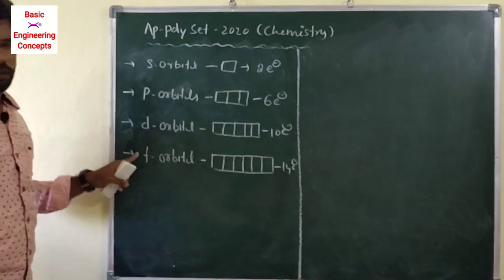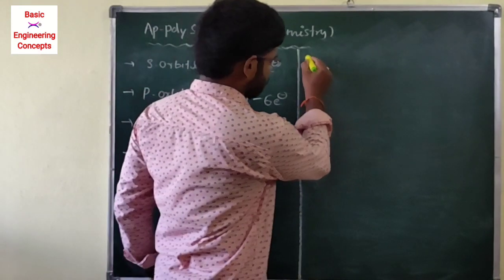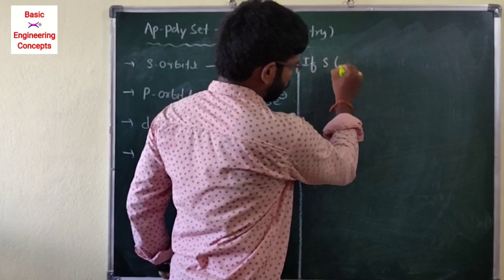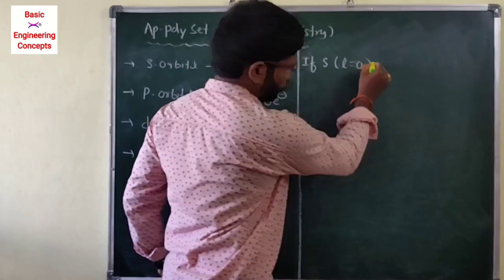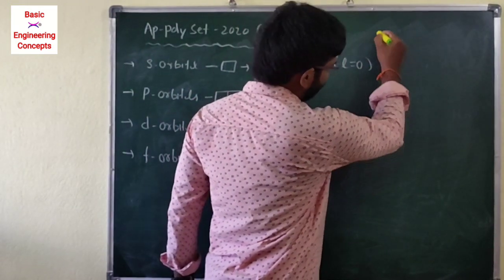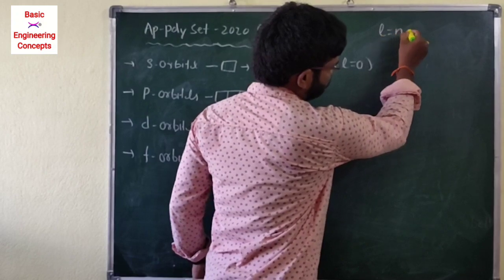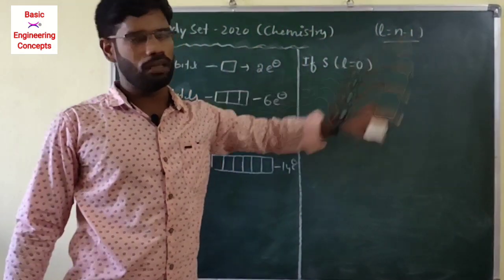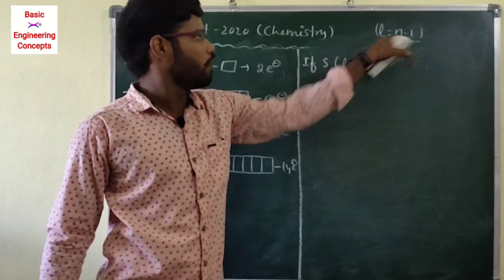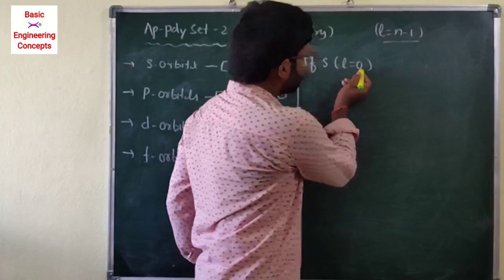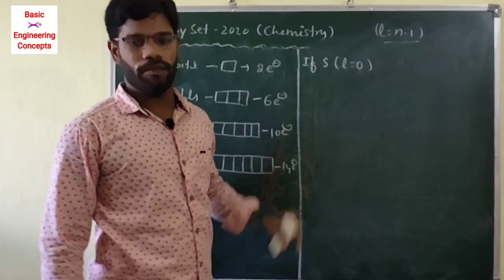According to this, there is a table. For the s orbital, the l value is 0, because l ranges from 0 to n minus 1. This is the azimuthal quantum number, so the l value depends on the n value. If l equals 0, that is the s orbital.